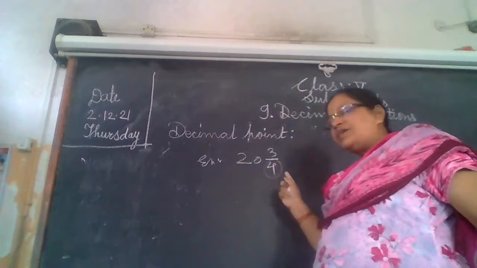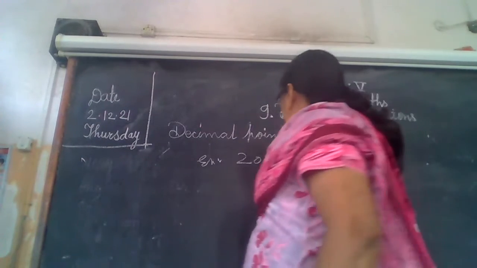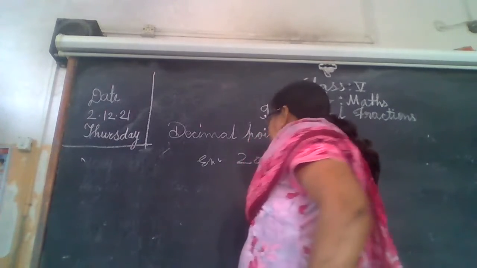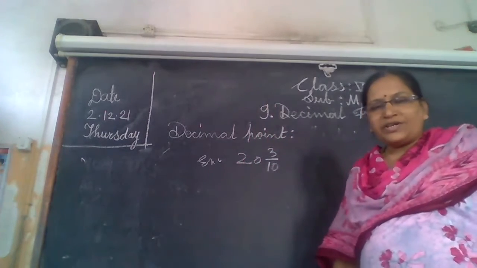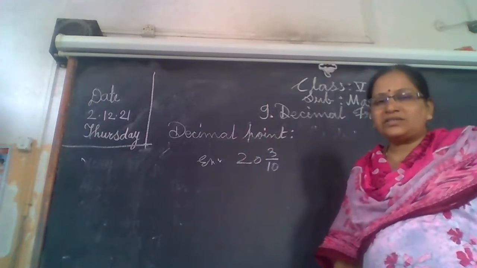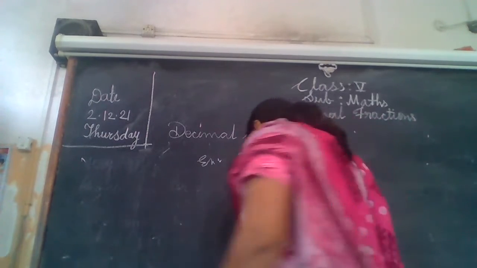Yes, you can convert it into a decimal fraction. So what is the decimal number? 20 integer 3 upon 10. That means 20 and 3/10. Tenths.